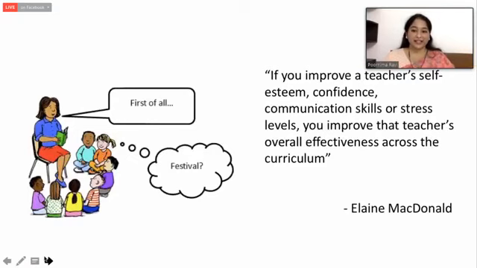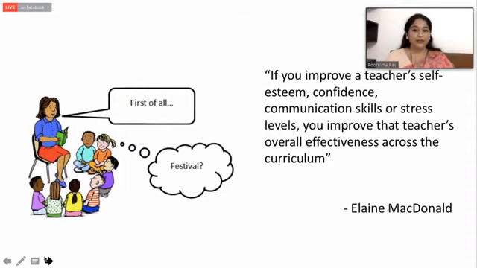In today's session, our focus is on pronunciation. But pronunciation happens when we are confident with what we speak, the content that we are aware of. Elaine MacDonald quotes, "If you improve a teacher's self-esteem, confidence, communication skills, or stress levels, you improve that teacher's overall effectiveness across the curriculum."